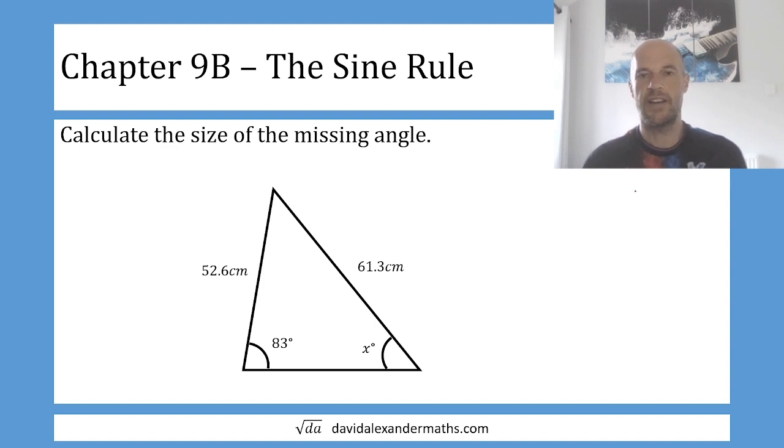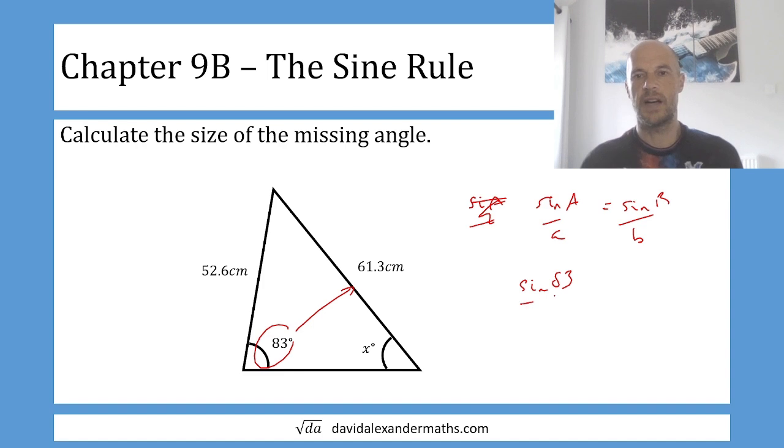So here we're working out an angle, so we're going to be using the sine A over a version. Let's try that again. Sine A over a equals sine B over b. So therefore the sine of 83 divided by 61.3 equals the sine of x divided by 52.6.